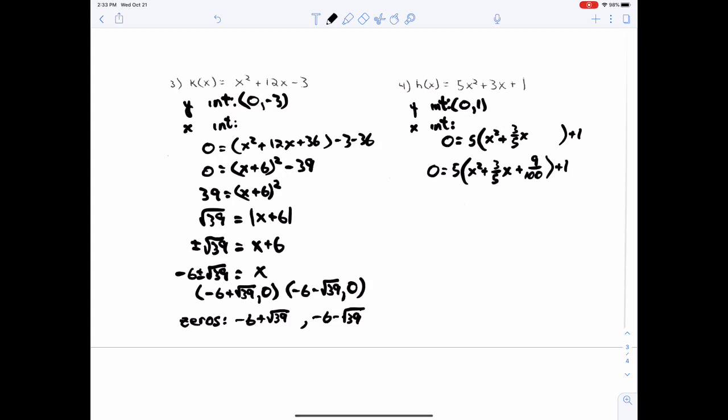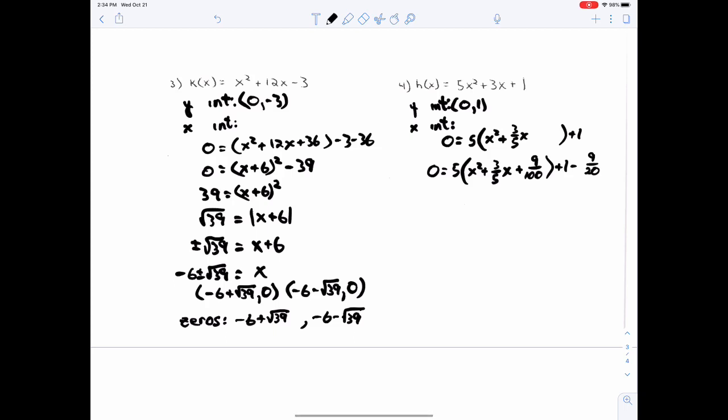Now, when I wrote plus 9/100ths, what did I really add to that side? 5 times 9/100ths. Okay? So what am I going to do here? I'm going to subtract 5 times 9/100ths, which would be 9/20ths.